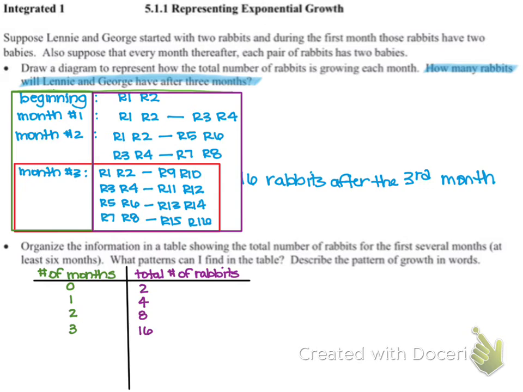So previously we did things that were arithmetic, so it looked like we were adding something repeatedly or subtracting something repeatedly. This doesn't look like addition to me. If it was addition, then these would all be plus 2, but that doesn't work for the 4 and the 8. So I don't think it's addition.